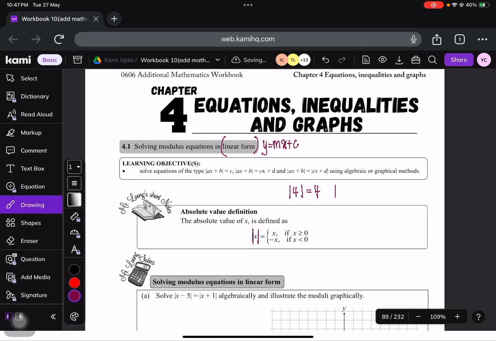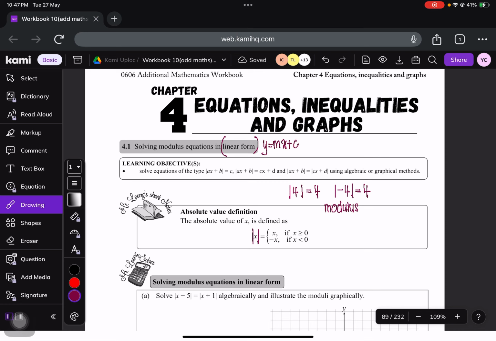If I have modulus of negative 4, because it's negative inside, it will also come out as 4. So it doesn't matter what value is inside, positive or negative, the result will always be positive. That's what absolute value means. In another word, you will see me calling this thing modulus many times. It's the same meaning.